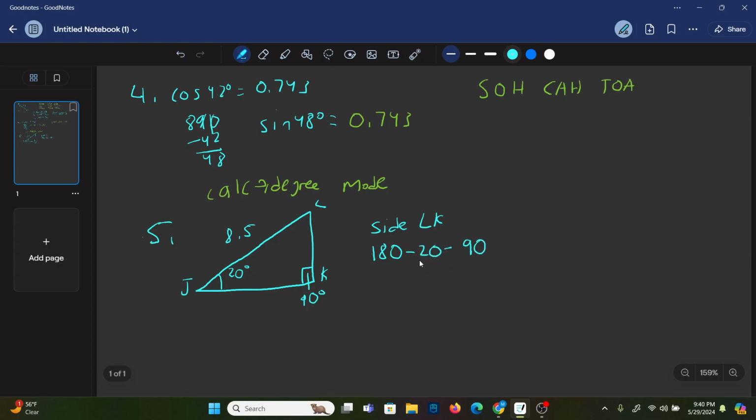Because all three angles add up to 180, once we do this, we will be able to find angle L. So you can type this into your calculator, and we would get 70 degrees. So this here would be 70 degrees. And once we know that, we can solve this triangle, solve the side.